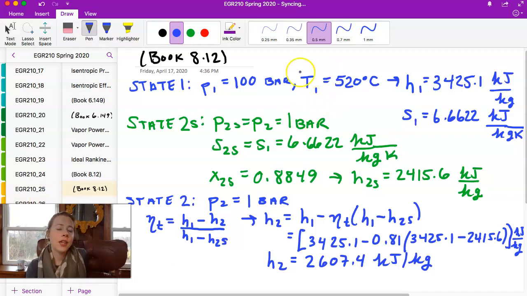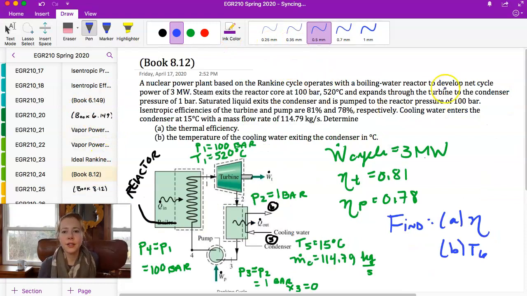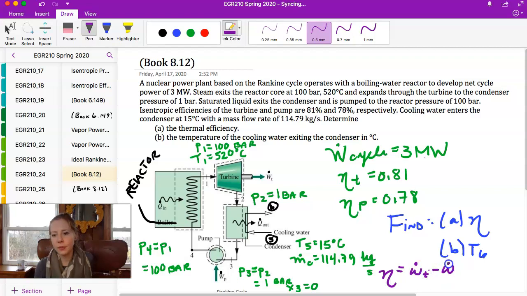All right, so we're evaluating each state here. Just to remind us where we're trying to go during this problem, keep in mind that the efficiency is going to be the work for the turbine, and since we're not given a mass, we're going to do this all on a mass flow basis. So that's W dot for the turbine, minus W dot going in for the pump, so produced by the turbine, put into the system for the pump, divided by Q in.